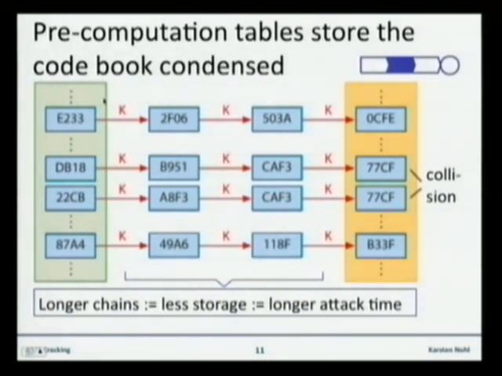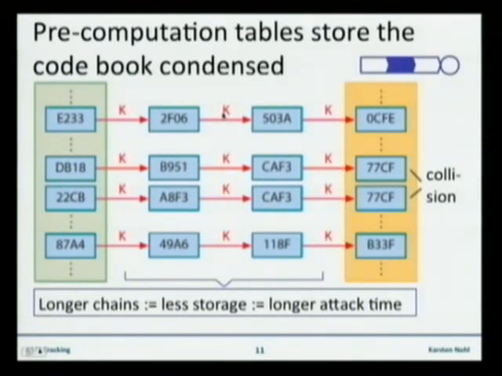So the function k is always the same. In this case, it's the A5 function. And say you were looking at an output of 2F06, right? From this picture, we know that the secret key that went in is E233, but we don't intuitively know that if we only store the green and the yellow column on the hard disk.